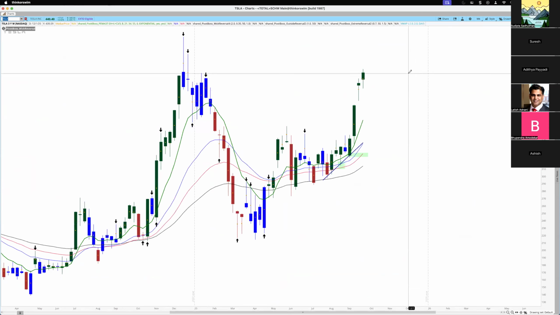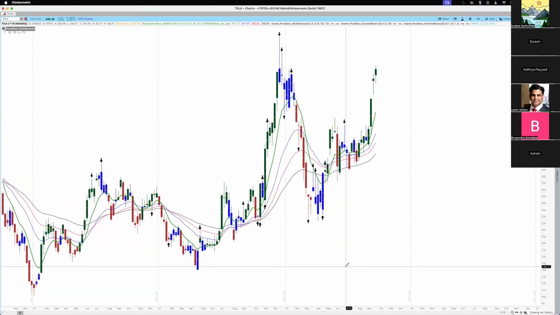Let's talk about the Fibonacci strategy. Okay, so Fibonacci, as I mentioned, I usually prefer to use 61.8 and 78.6% for a better entry point.